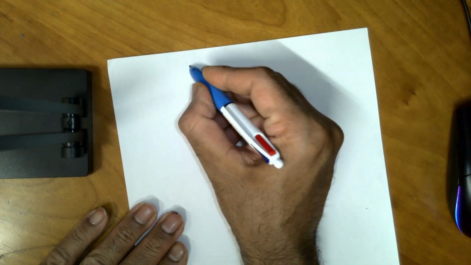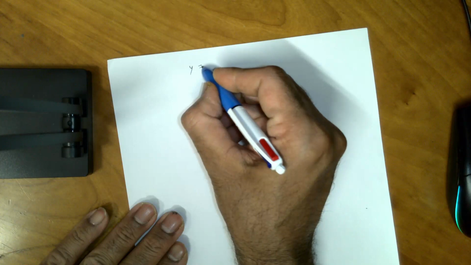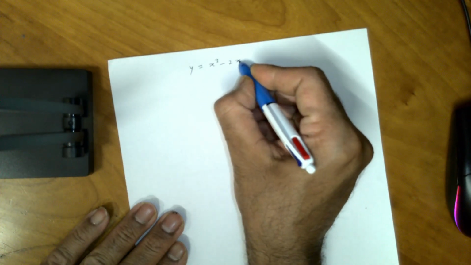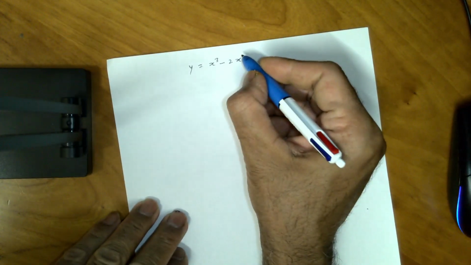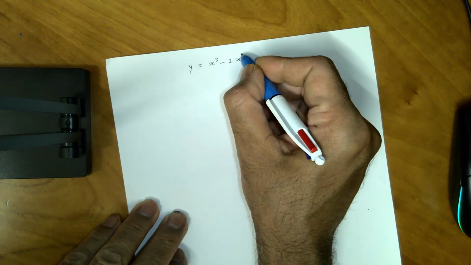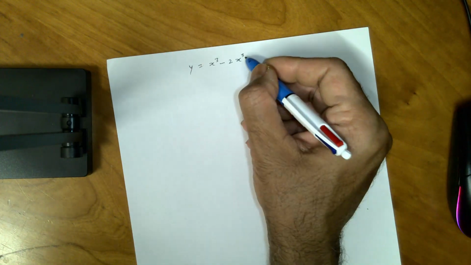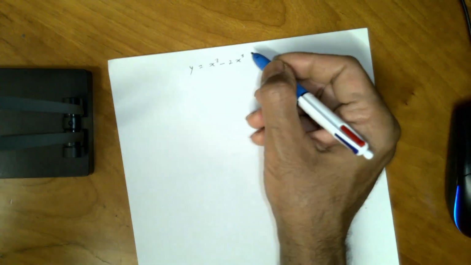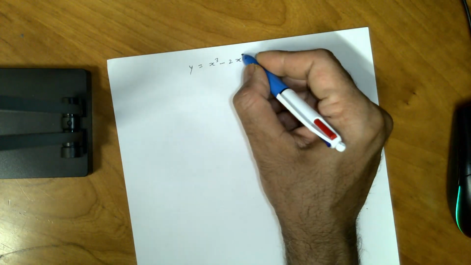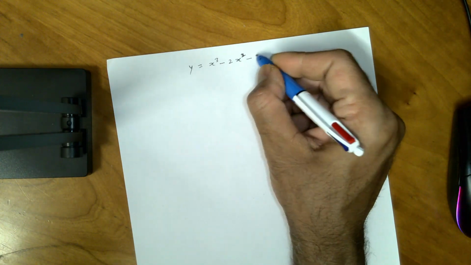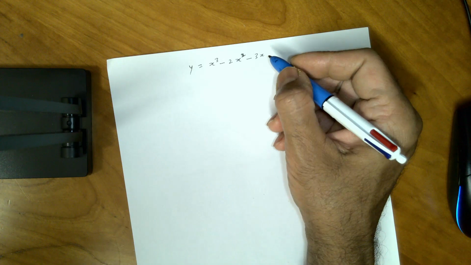In this example we'll say y equals x cube minus 2x square, sorry, minus 3x.